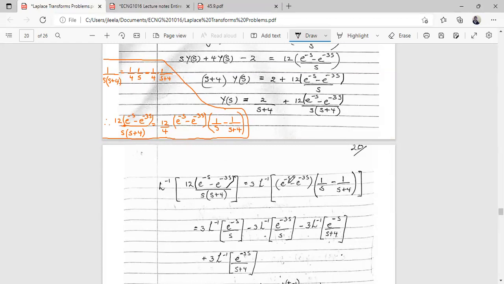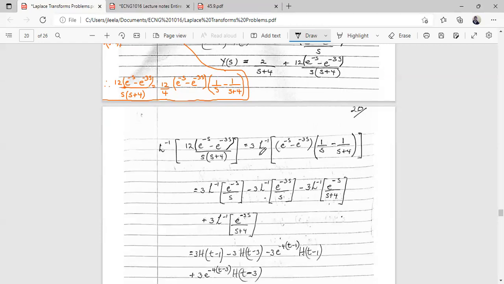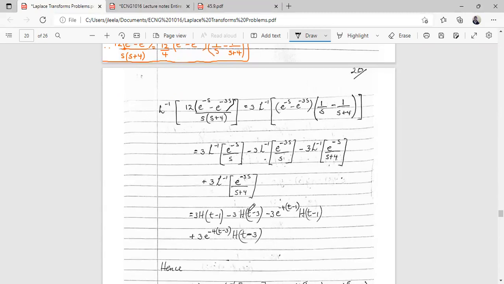So the Laplace inverse of (e to the minus s minus e to the minus 3s) multiplied by (1 over s minus 1 over s plus 4), right? And then when I expand that, I will get these 4 terms here, right?